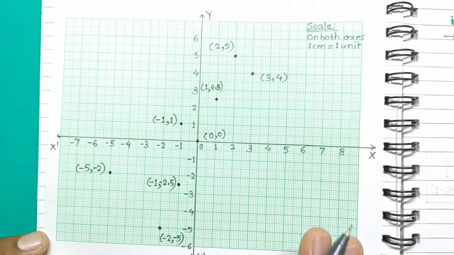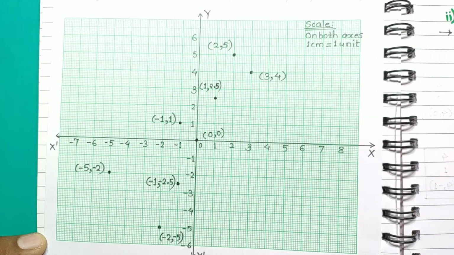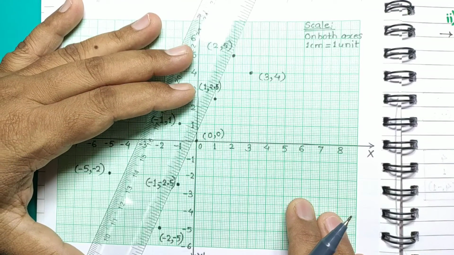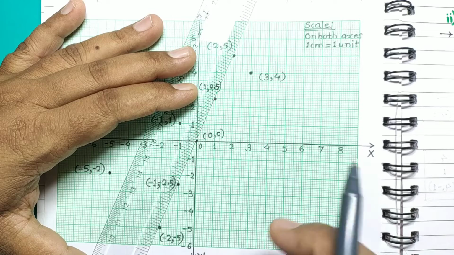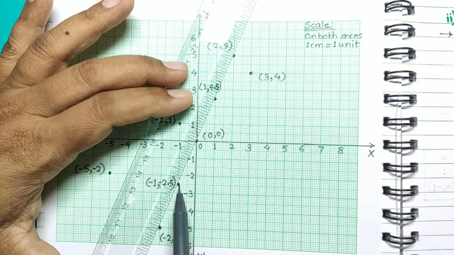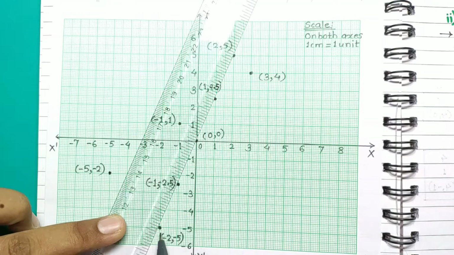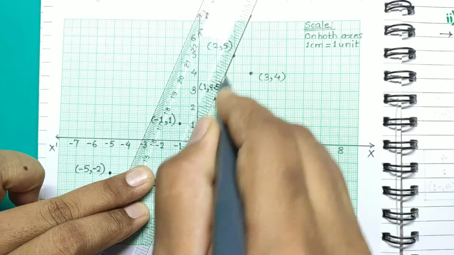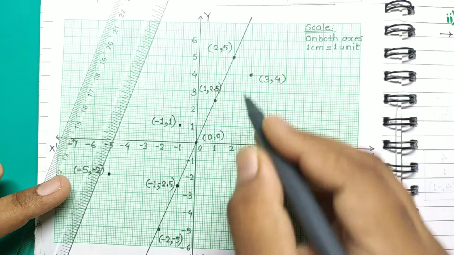So let's draw a line passing through these 4 points. You can easily draw this line. See these 4 points: 2 comma 5, 0 comma 0, then minus 1 comma minus 2.5 and minus 2 comma minus 5. So let's draw this line passing through these 4 points.